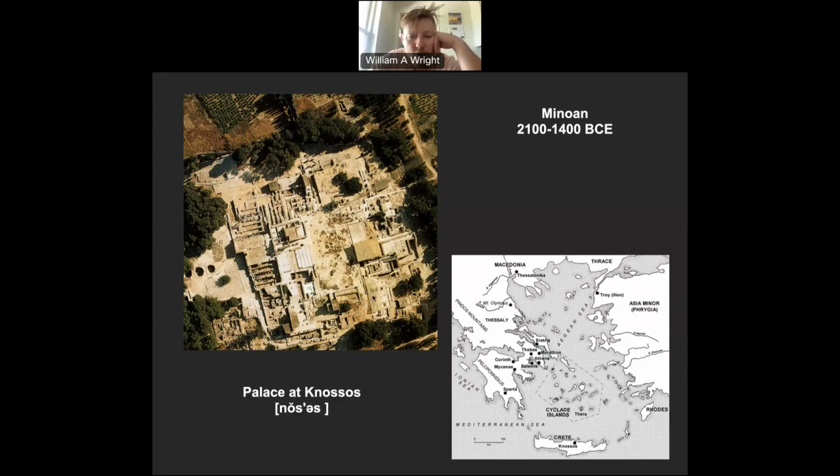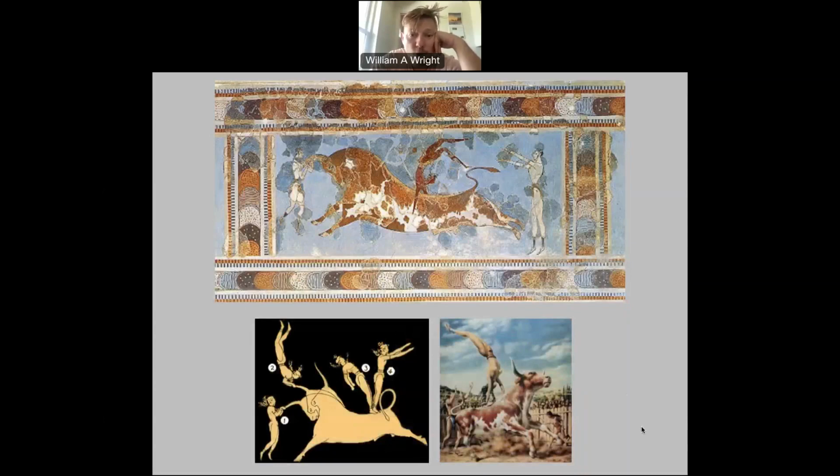and the city of Knossos, the palace of Knossos, is developed by a society known as the Minoans, and the Minoans were known for their bull-oriented art. They would actually have these sometimes sort of rituals around dancing with bulls and nude figures, and it was always sort of exotic and tribal in nature.